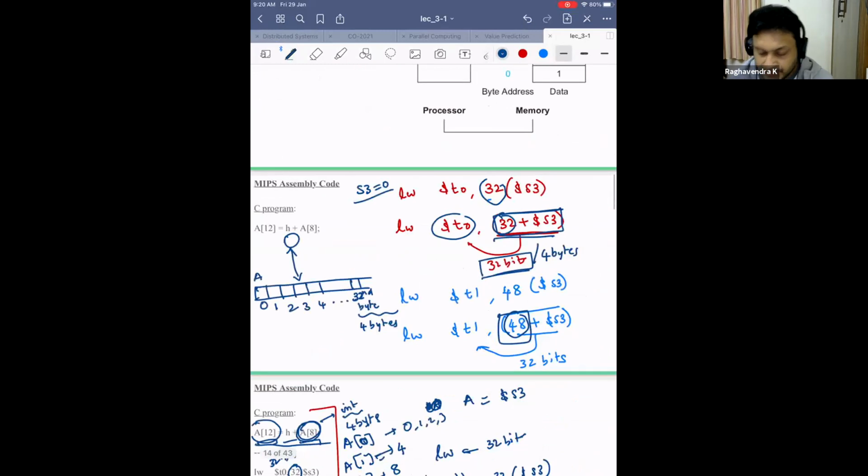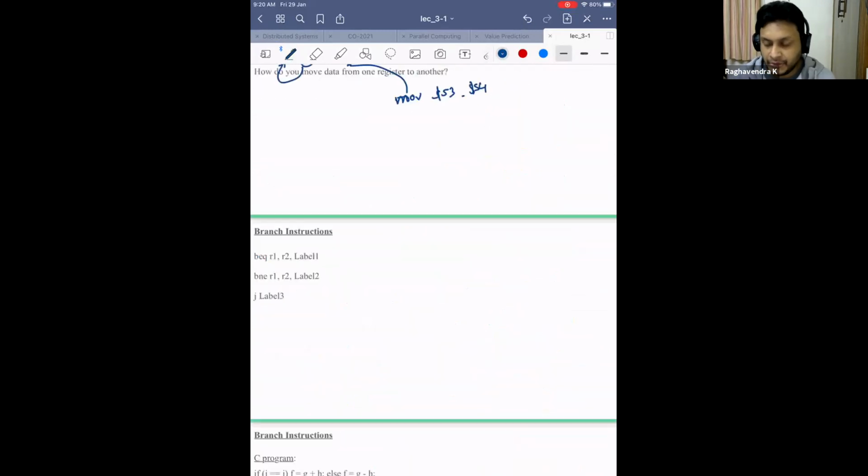We also saw some kinds of branch instructions when we were talking about our own architecture. I'll just repeat it for your benefit. It says branch equal, which means that if R1 is equal to R2, then I jump to wherever I say this label is. When I'm writing the code, I would have named that particular thing as label 1.